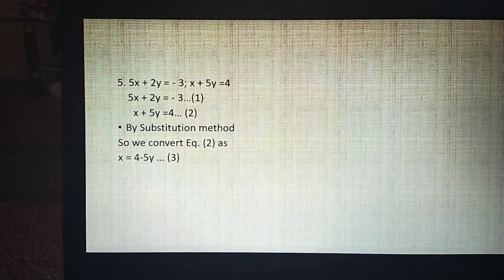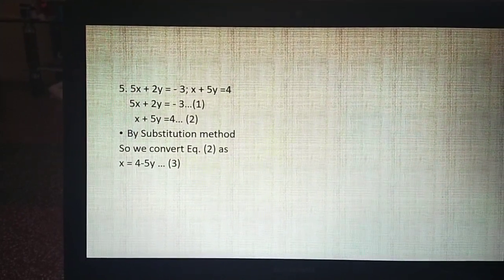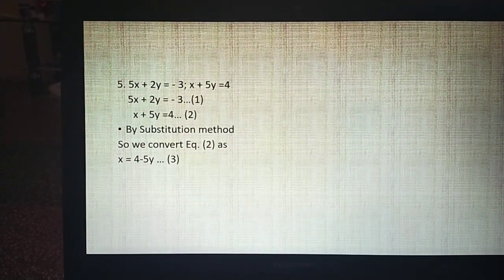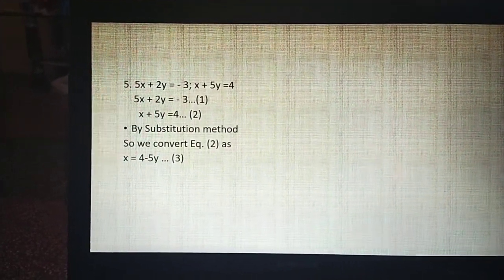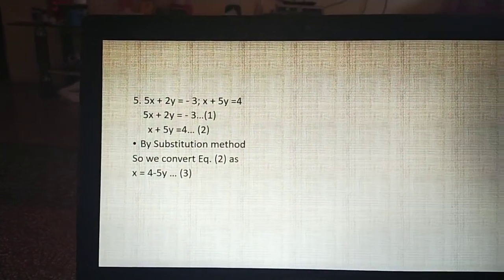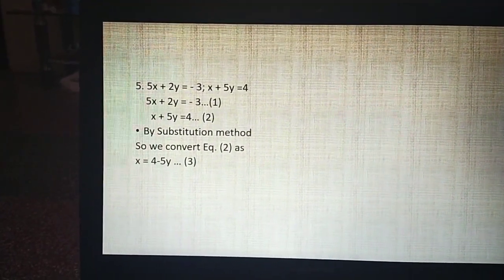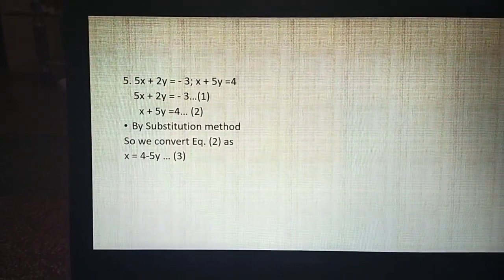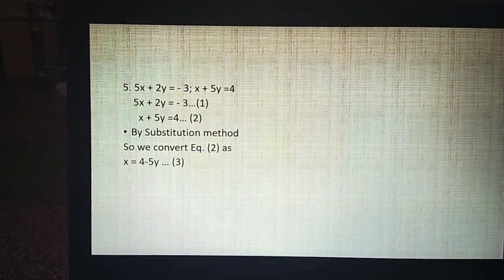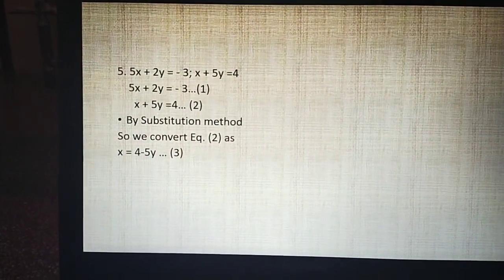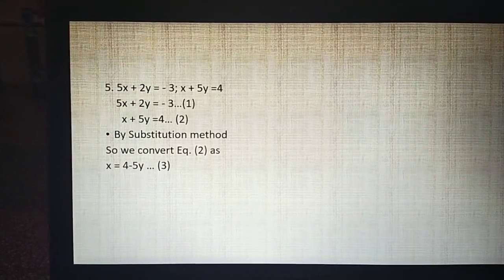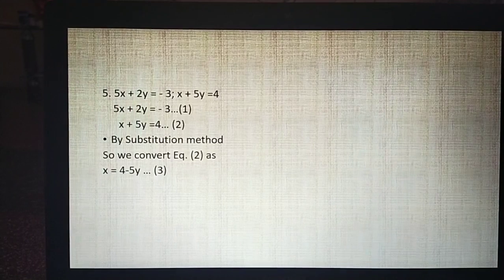With equation 2, x remained on the left hand side, but plus 5y, when we changed to the other side of the equal to sign, we have got minus 5y, and 4 has again plus sign because we have not touched 4. So it remains as it is. So 4 minus 5y. So which method are we using here? We are using the substitution method. Now look at x is equals to 4 minus 5y.